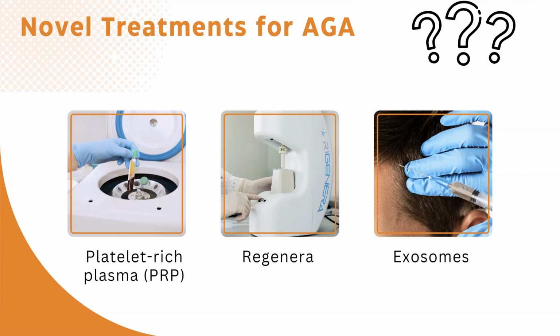As well, while we are giving the injection, there will be a manual stimulation of the scalp. There is a good result and a recent good publication on the effect of platelet-rich plasma on pattern hair loss.